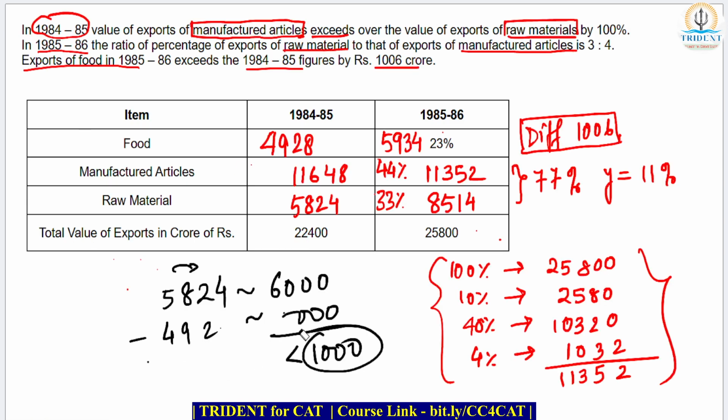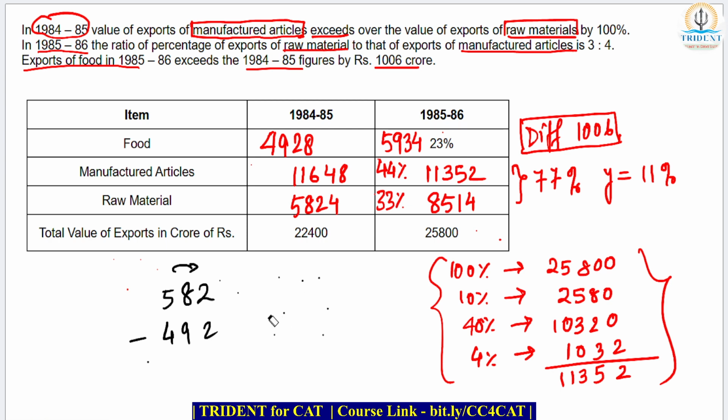Raw materials. Okay, raw material is given as 5824, and that in 85-86 is 8514. So 5824 to 8514. Now one thing, you can do the usual calculation, you can actually subtract and then you can do this thing. What I would like to say is that for me, these last two numbers are pretty much indifferent, so I am looking at this number as 85 minus 58 by 85.